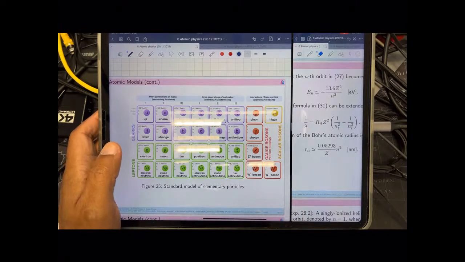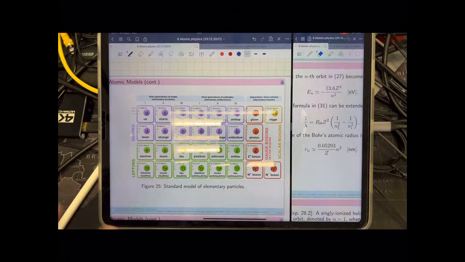I would say this table is not finished yet, because there might be some particles that physicists could find. How could we start this one?